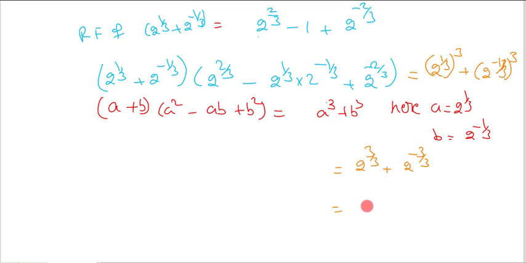So you get it as 2 to the power of 1 plus 2 to the power of minus 1. This we can write as 2 plus 1 by 2, which is 5 by 2, which is a rational number. That means these two are rationalizing factors to each other.